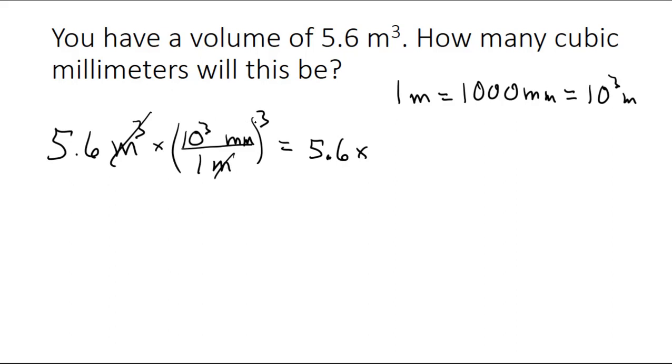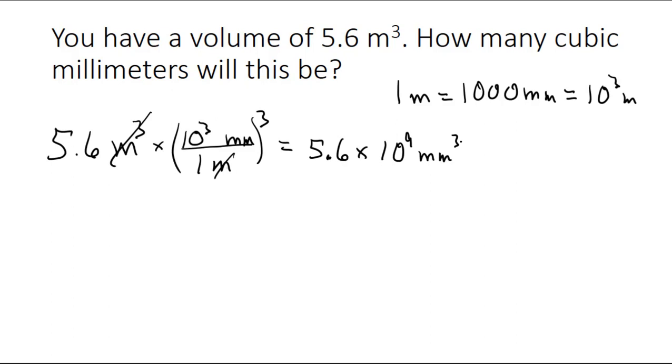When you raise a power to a power, you multiply the exponents. 3 times 3 is 9. So that'll be 10 to the 9th. And my units will be millimeters cubed. That's the way we write those units cubed. Okay, that's 5.6 billion millimeters cubed. 10 to the ninth is a billion.